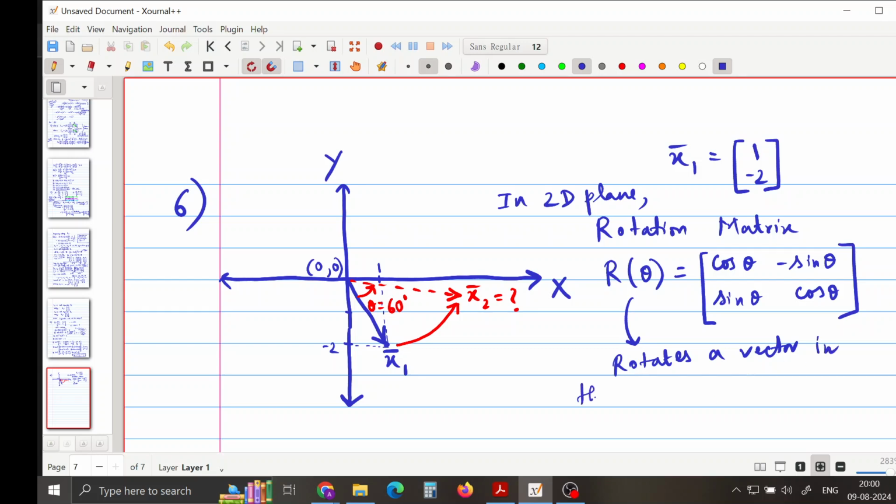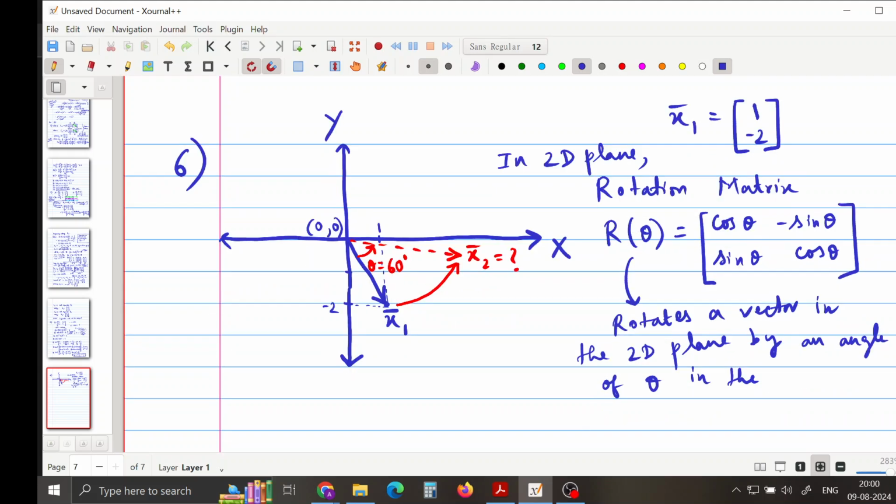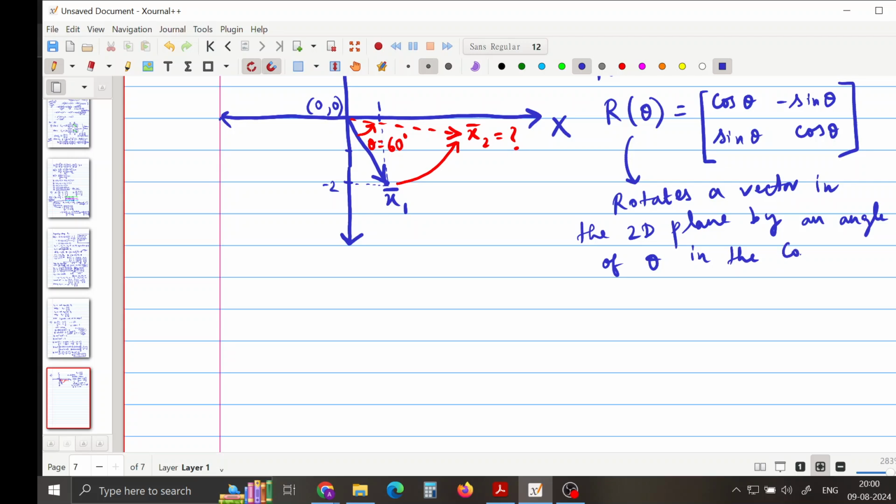The effect of this rotation matrix r of theta is that it rotates a vector in the 2D plane by an angle of theta in the counterclockwise direction. So in our problem here theta is 60 degrees, it is given.